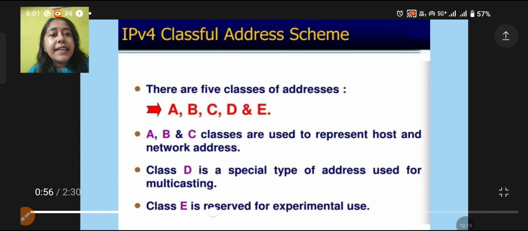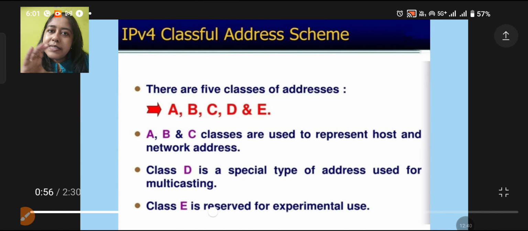There are 5 classes of addresses, that is A, B, C, D and E. This is very important in case of classful addressing. These are the different classes in which the addresses have been distributed.